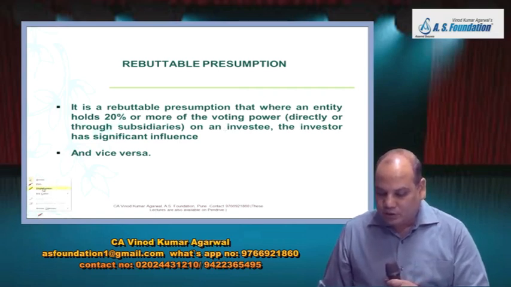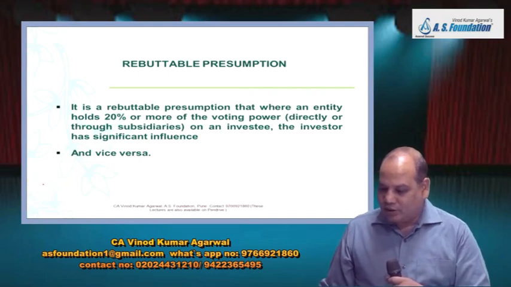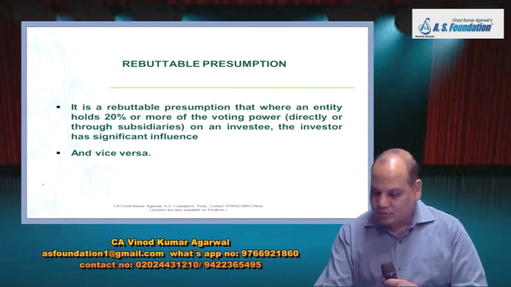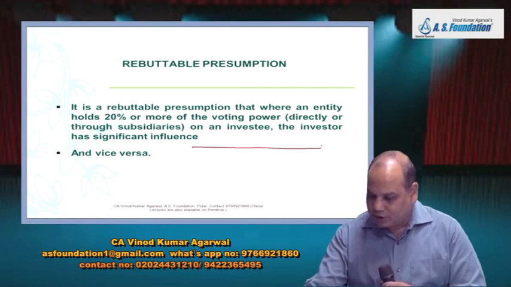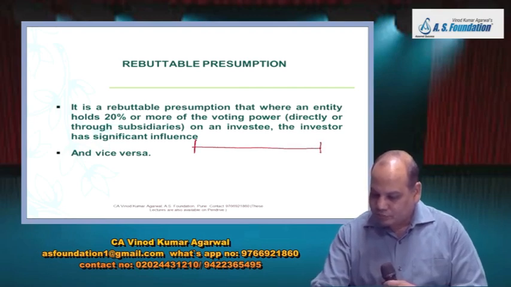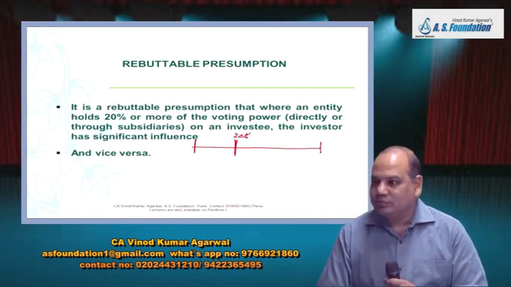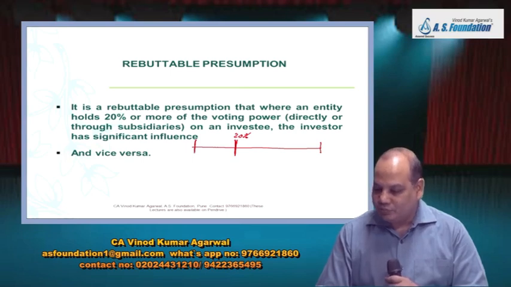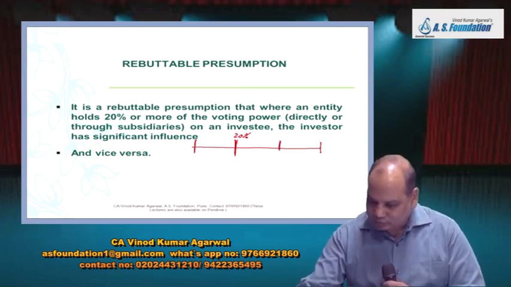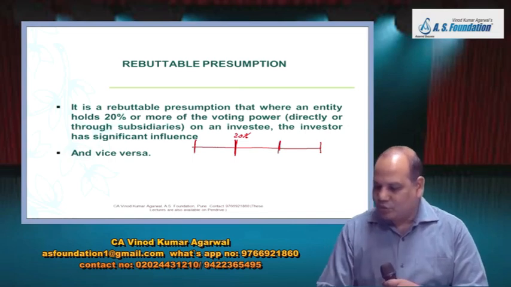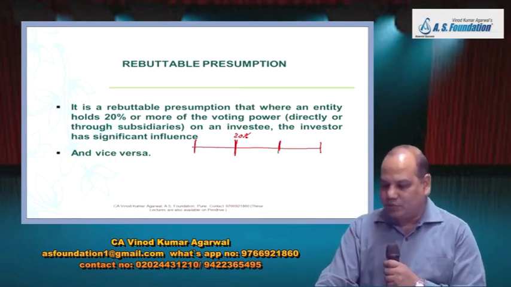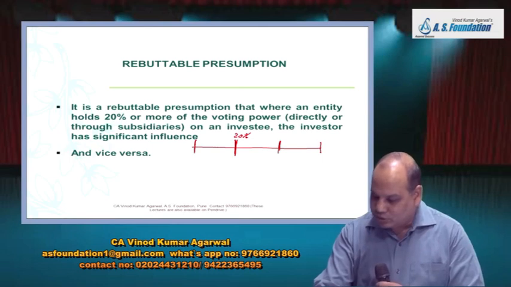If you have to check whether an entity has significant influence or not, then the standard gives you a benchmark. What is that benchmark? If you are holding, say, more than 20% share in the voting power, so you are on this side.